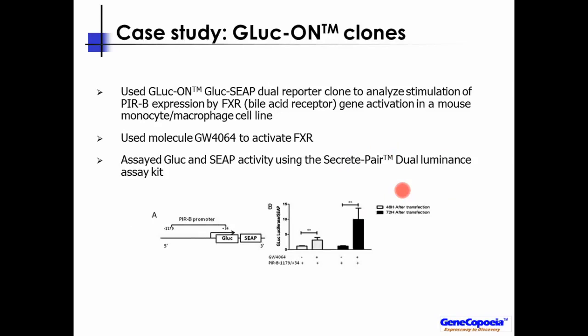So here's another case study, and again, this is using our GLUC-ON dual promoter clone. In this paper, they were analyzing stimulation of the PIR-B gene by FXR, which is the bile acid receptor. They activate the FXR using a synthetic molecule called GW4064. That activates the FXR gene, and then they're looking for downstream activation of the PIR-B promoter by the FXR protein.